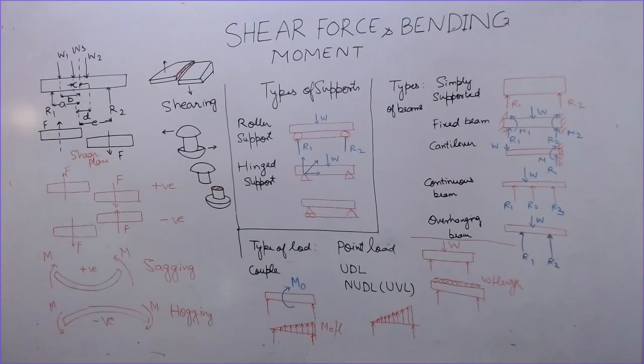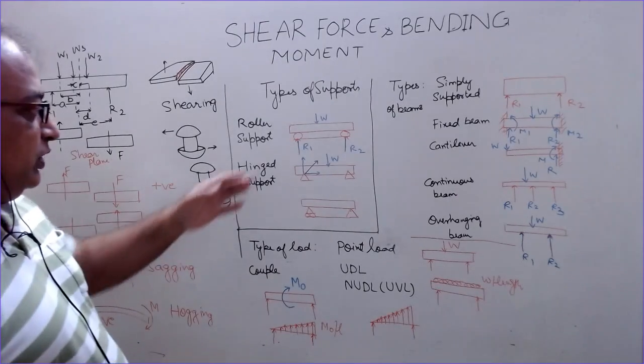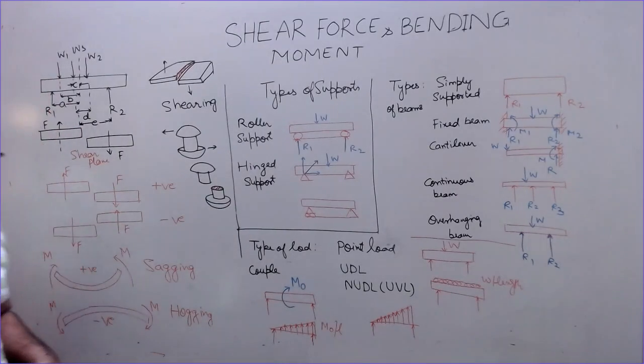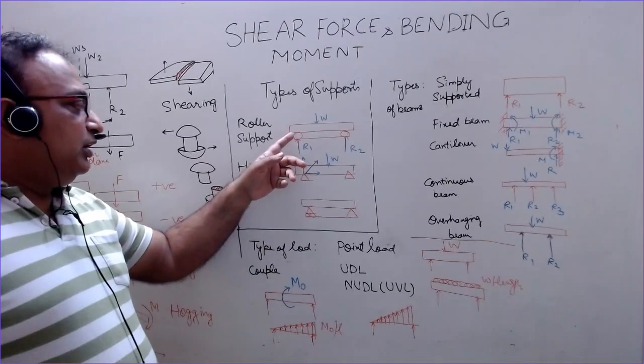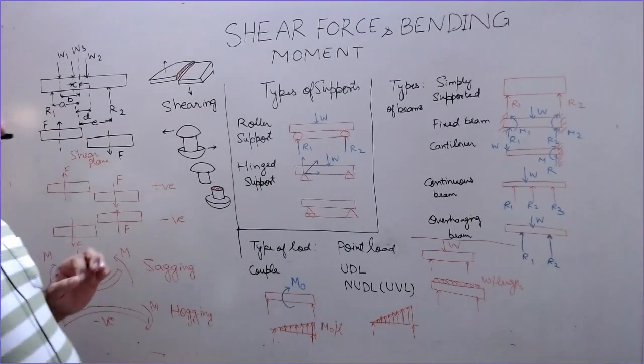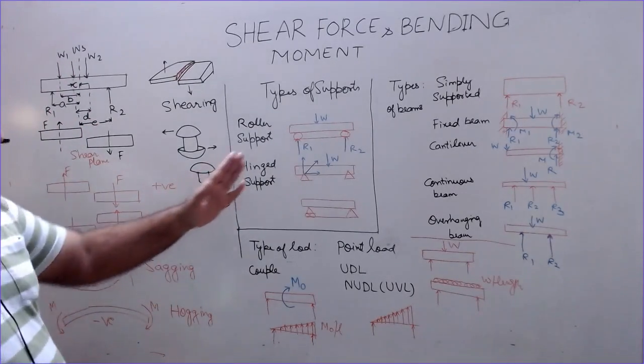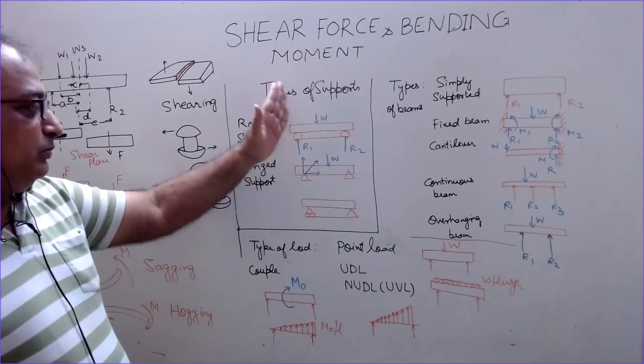Now let us come to the types of supports of the beam. This is a very important concept. So we generally have roller support and hinge support, and we also have the fixed beam. So what is roller support? This is a roller support. The special thing about the roller support is that the reaction always acts in the normal direction to the beam.